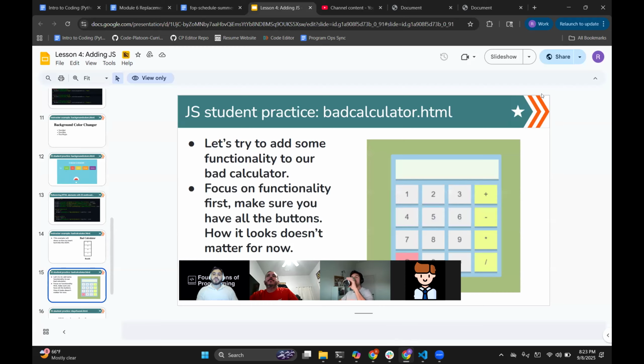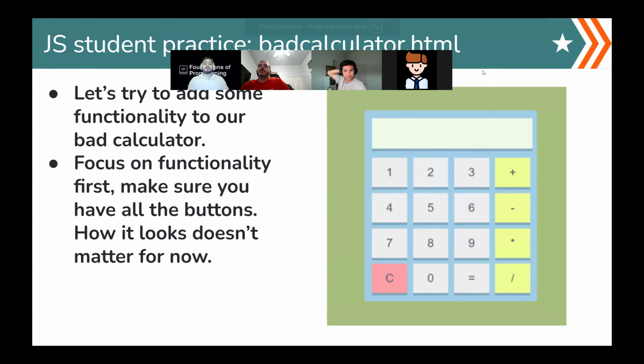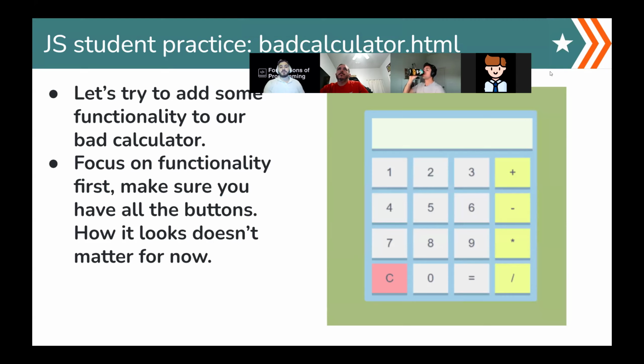Now, your end product should look something fairly similar to this. You're going to take that bad calculator and you're going to make it into a pretty decent basic calculator, right? Which you can find pretty much on your laptop right now if you open up the calculator. I don't expect anything fancy, just your basic plus, minus, multiplication, and division.